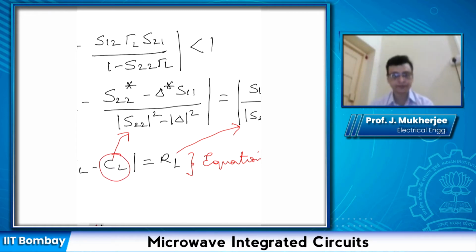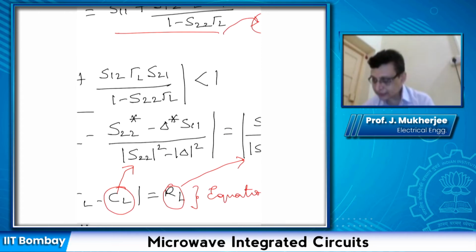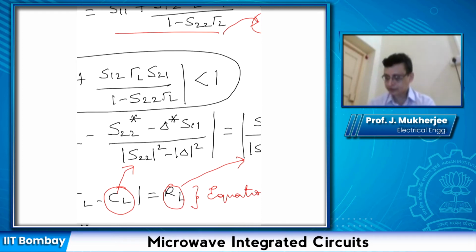So CL is a vector quantity, and the radius, this is a scalar quantity of that circle, is given by capital RL. So this is the condition that has to be satisfied. If this value is lesser than 1, then the system is stable.